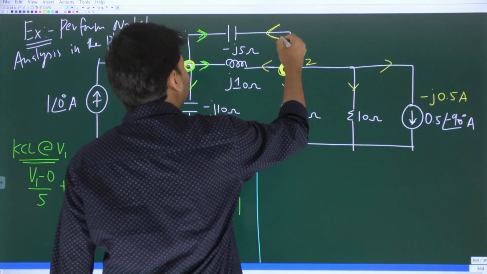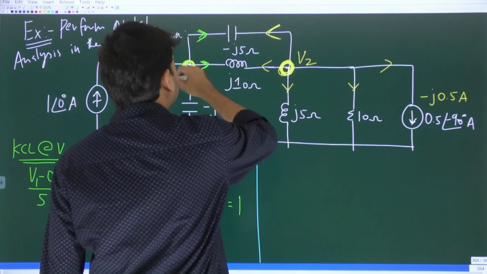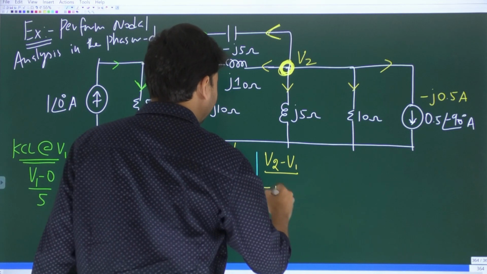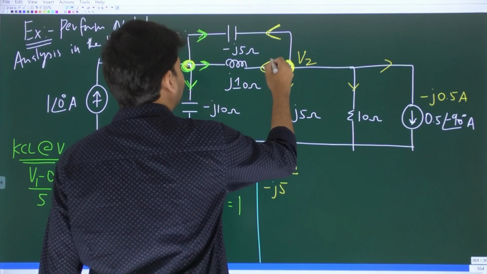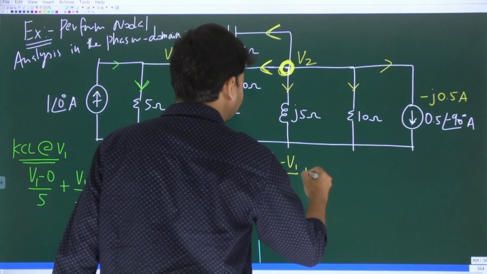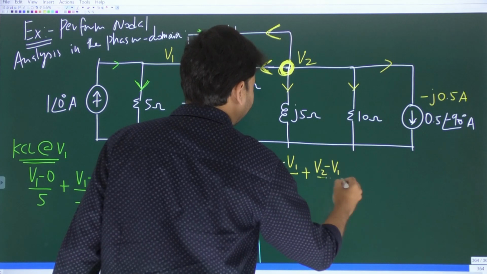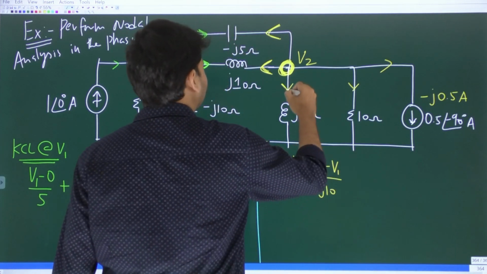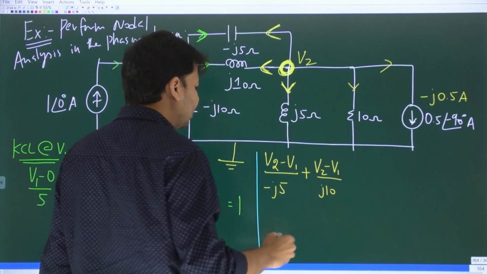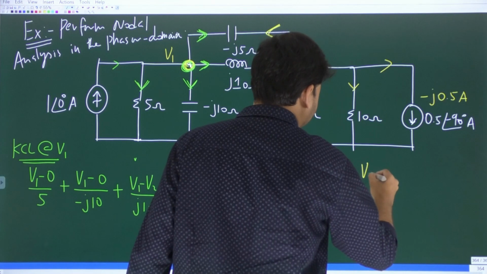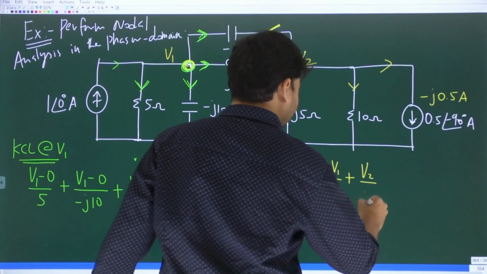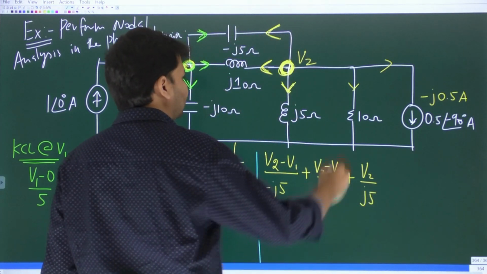So let us start with this current. What is this current? V2 minus V1 by minus j5. And then we should write this current, which is V2 minus V1 by j10, plus V2 minus V1 by j10. And then this current: V2 minus 0 by j5, so V2 divided by j5.